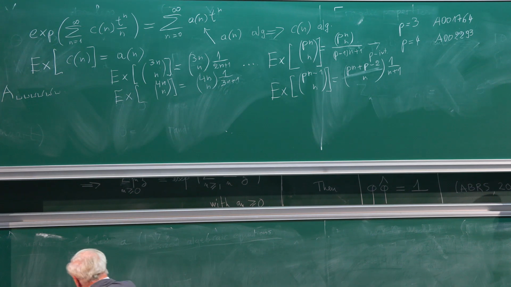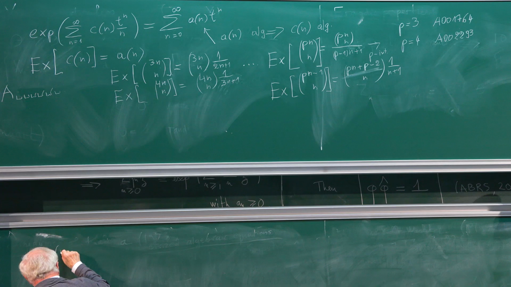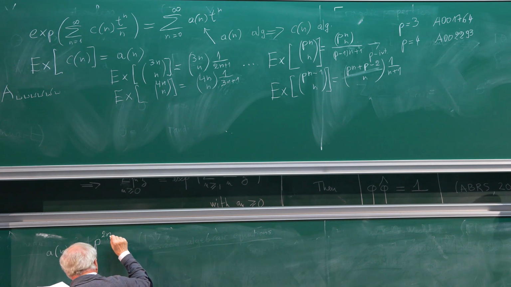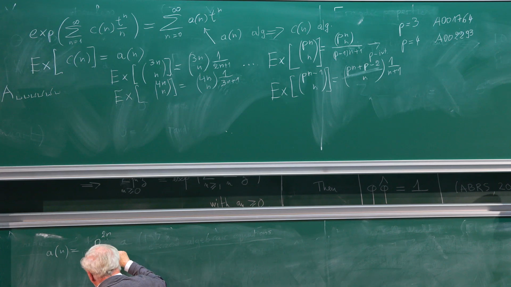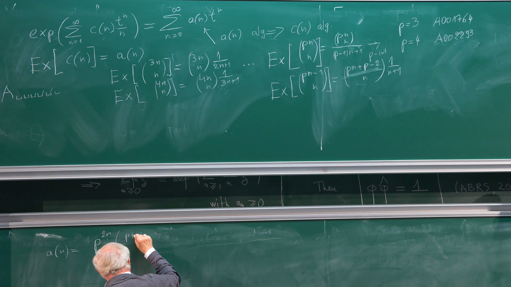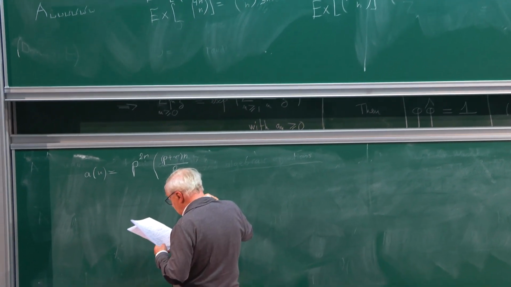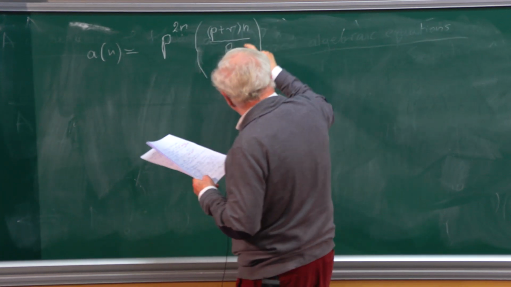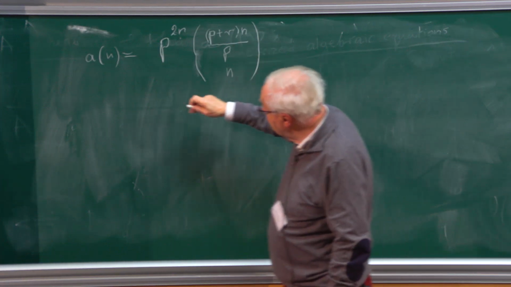So now a of n equals binomial (p plus r)n over pn, and now you have two parameters, p and r. So this is a binomial symbol which is characterized by two parameters.